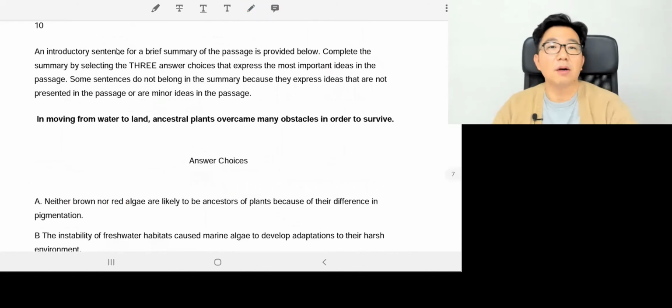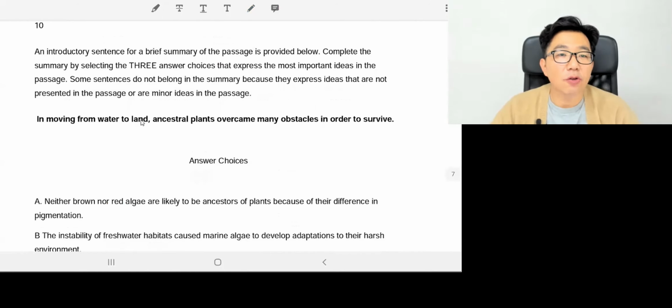All right. Last question, summary. Introductory sentence for a brief summary of the passage provided below. In moving from water to land, ancestral plants, green algae, so it includes early plants, overcame many obstacles in order to survive.